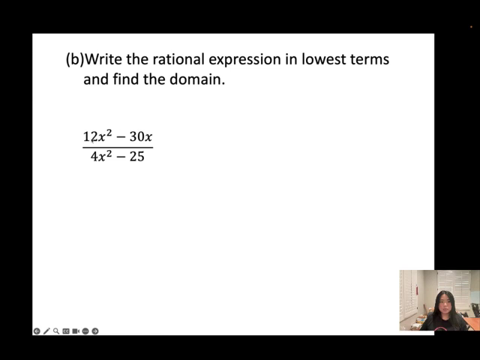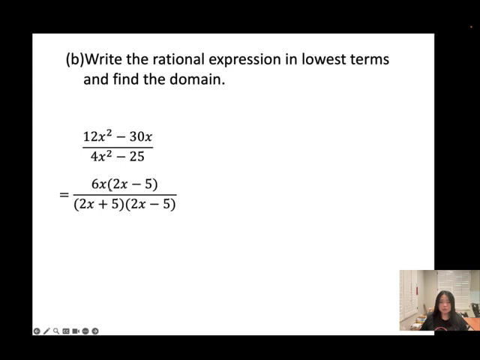That would be 6x, right? So factor out the 6x to see what you have. And for this one, how can you factor the binomial? Remember how to factor two terms using the formula? So that would be 2x plus 5 times 2x minus 5.